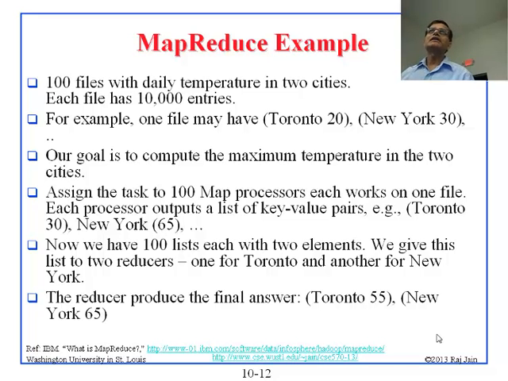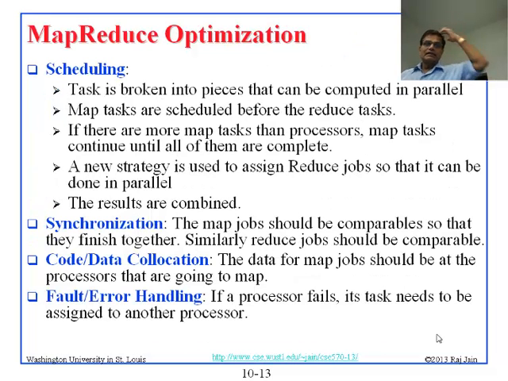Some cases you can have only one result. Say, for example, if it was all one city, then you could do it in 2 steps of mapping, and then one reducer will reduce it to one number. In this case there are 2 cities, so that's why we have 2 reducers. All right, I think I will stop right here.